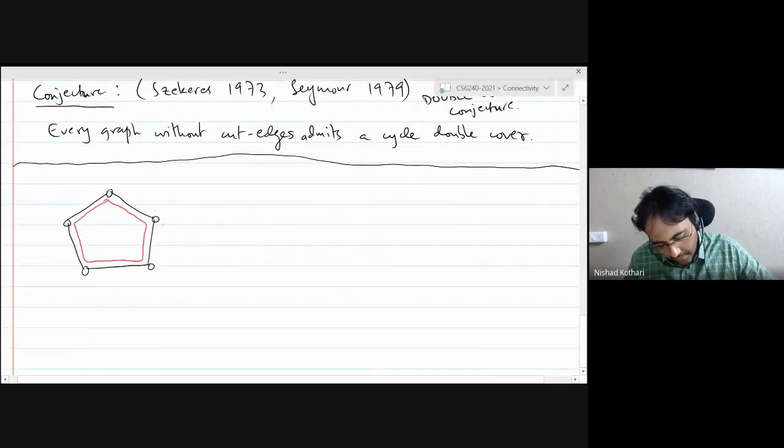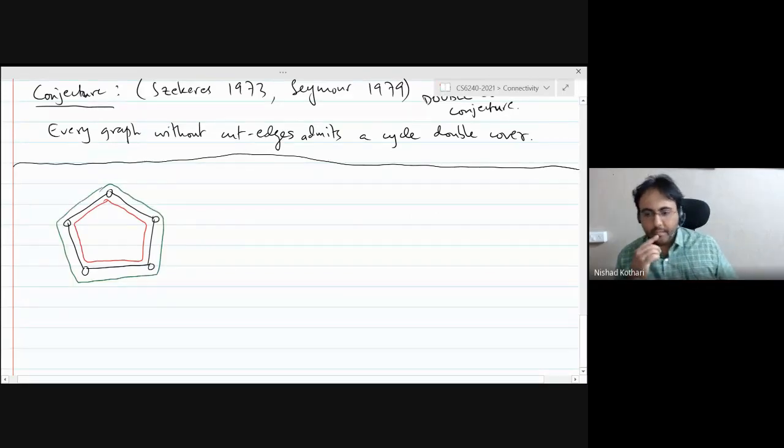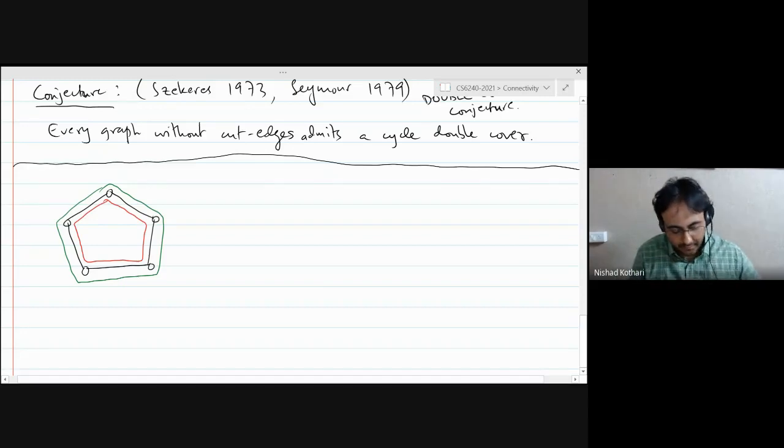Okay, so we allow this. And now this is no longer a counterexample. So you can, if necessary, repeat the same cycle twice, right? And clearly you won't repeat it thrice, because then you will cover an edge 3 times, which is not what you want. So you are allowed to repeat a cycle if necessary. Okay, so this graph has a cycle double cover.